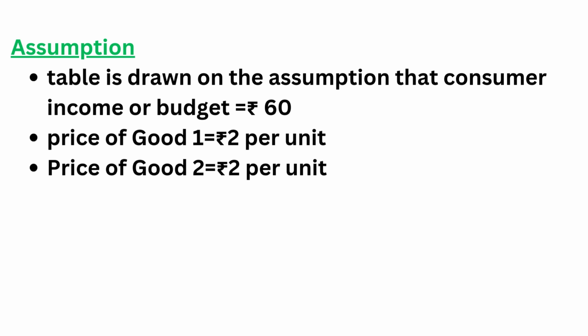This table is drawn on the assumption that the consumer income or budget is equal to rupees 60. Price of good 1 equals rupees 2 per unit. Price of good 2 equals rupees 2 per unit. As I have already told you, the two most important things whenever we define budget are the income of the consumer and, number 2, the price of the good, right?